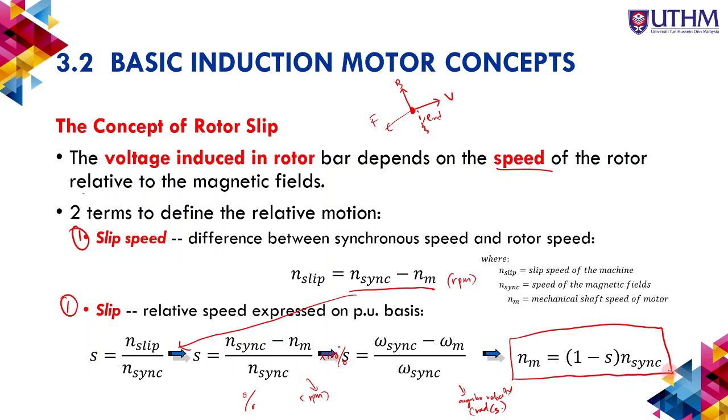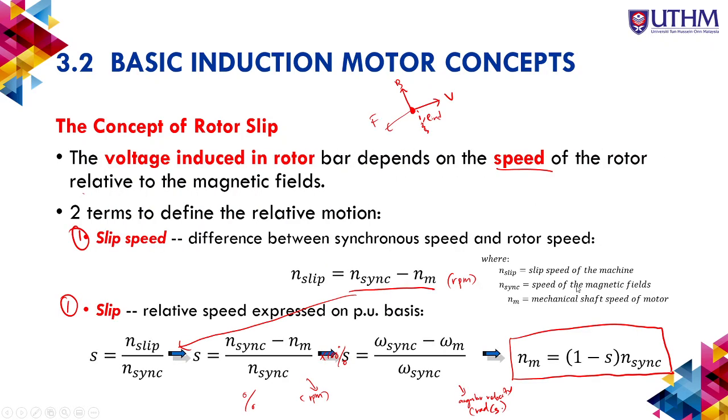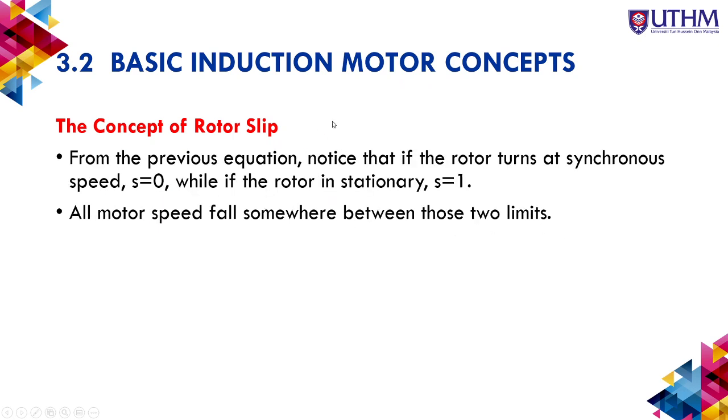And then we can simplify the relation of motor speed, rotor speed, with n sync by using this equation, which is nm equals 1 minus S times n sync. Okay, because after this we will look at the slip and also slip speed. So from this previous equation, what can we see?